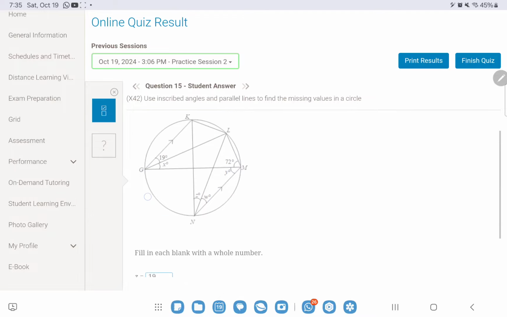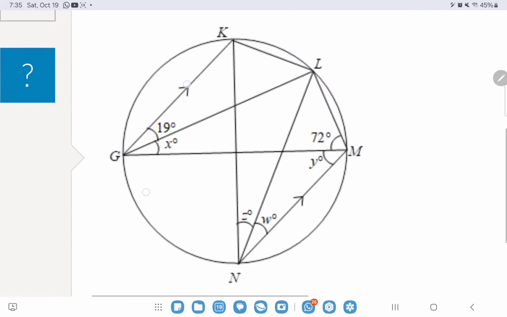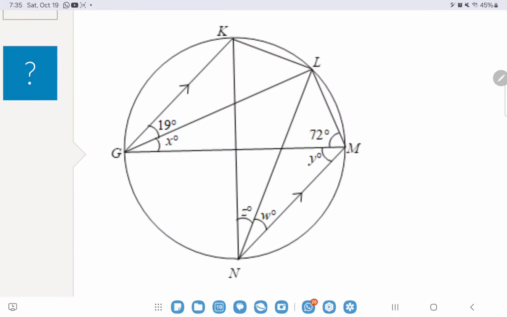So they want us to find all our unknowns. Let's start solving. For these types of questions, I personally would write them down on my paper and solve everything you know. So let's start. If we know that this is 72, then all this is 72 times 2, which is 144.